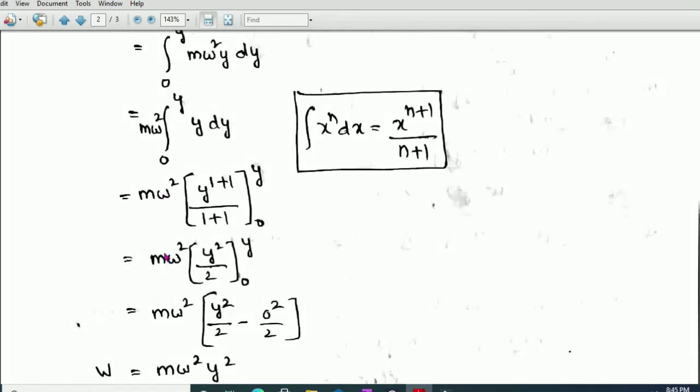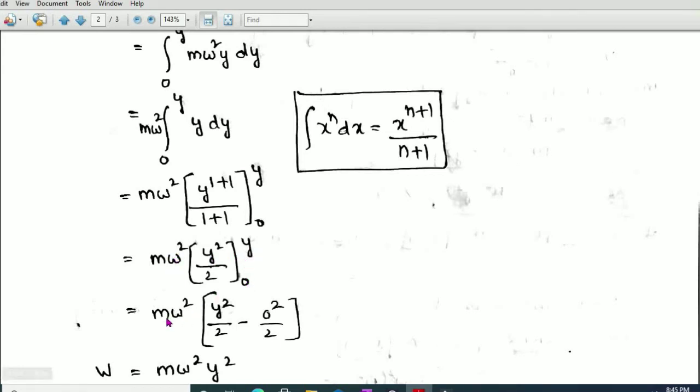So y power 1 plus 1 is y square, by 1 plus 1 which is 2: y square by 2, with limits from 0 to y. Next we have to apply the limits. First we apply the upper limit, and after that the lower limit.